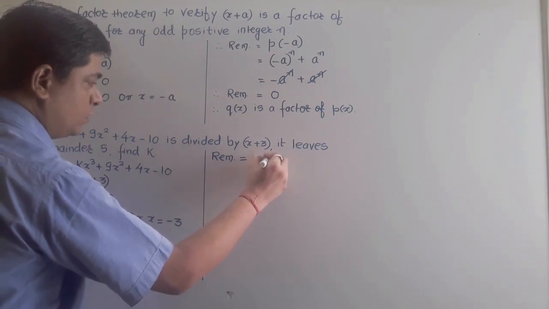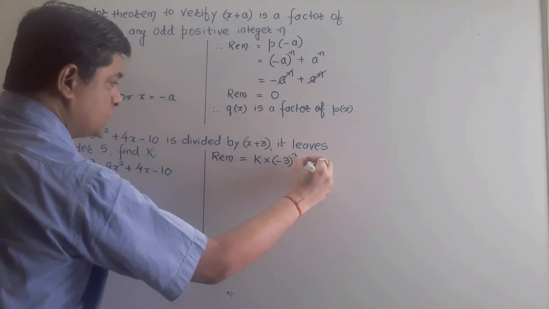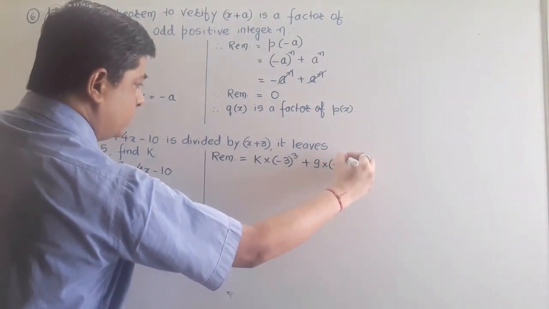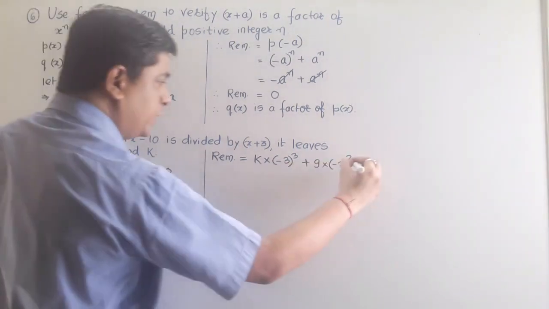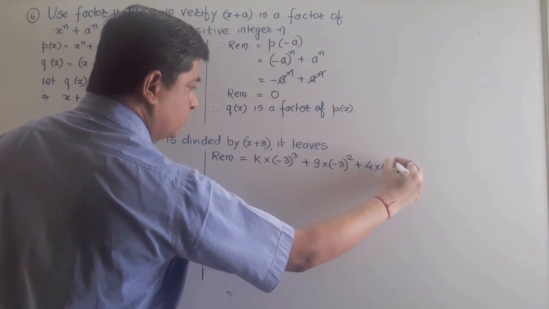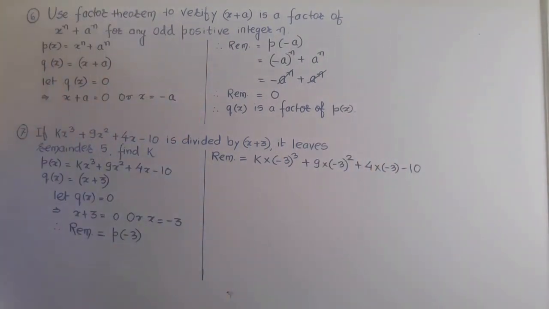So k into minus of 3 whole power 3 plus 9 into minus of 3 whole power 2 plus 4 into minus of 3 minus 10. Okay, so everywhere I am keeping the value of x equal to minus of 3.